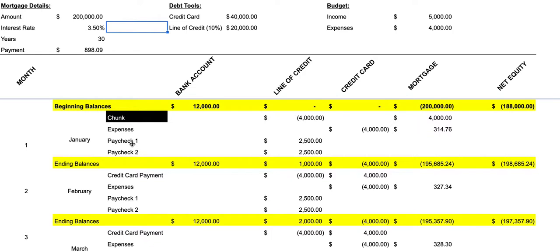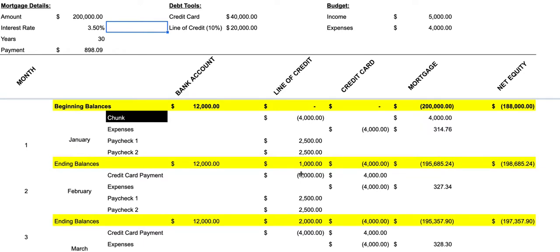But then let's say on January 15th, you also get your paycheck. So when your paycheck comes in, you're going to send that paycheck towards your line of credit, right? And then let's say your next paycheck comes in January the 30th, you're going to put that towards it. So that negative 4,000 plus the 2,500 plus the other 2,500, you're going to have 1,000 now on the line of credit. So it's like your line of credit is over now in a sense, right?